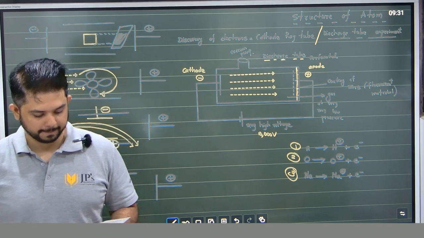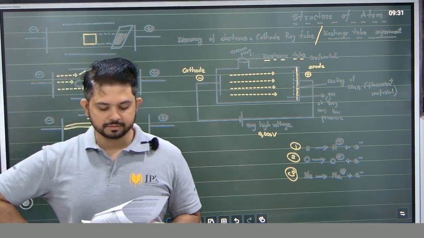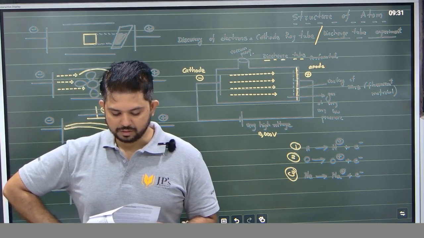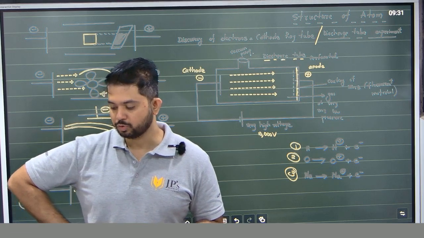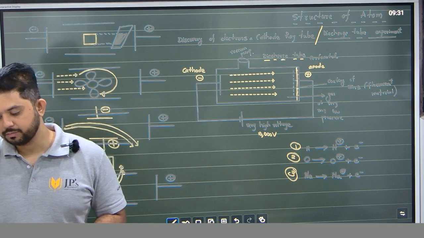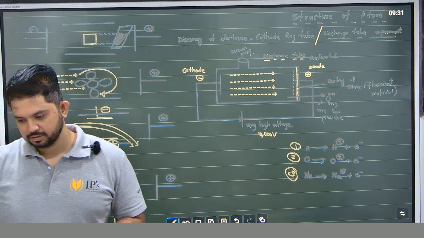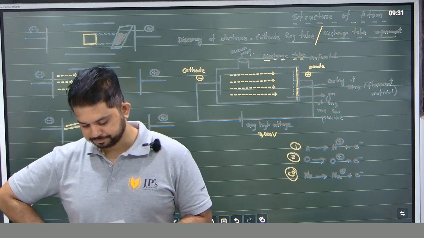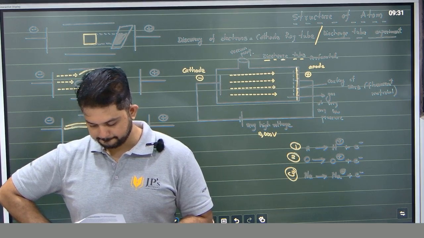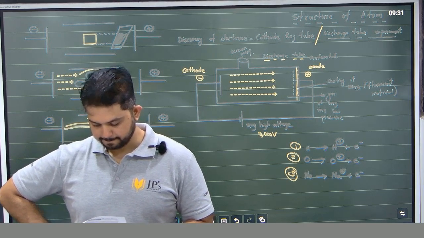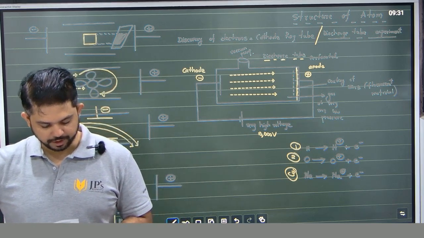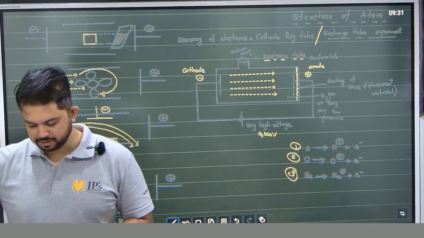First, cathode rays start from the cathode and move towards the anode. Full stop. Continue. They are not visible.